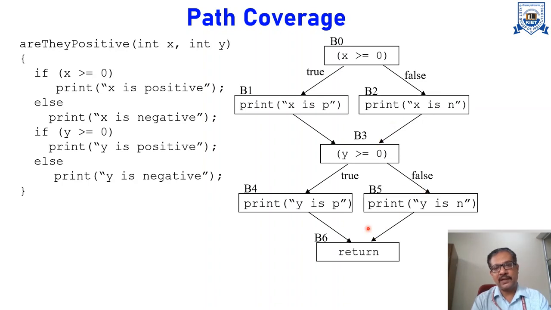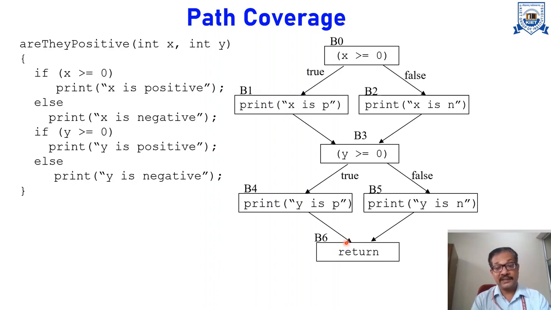This is another path. B0, B1, B3, B5, B6. Another path. B0, B2, B3, B4 and B6. Another path. So in total, there are 4 possible paths from the initial node B0 to the terminal node or the last node of my graph, that is B6.